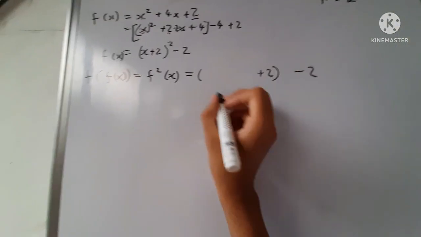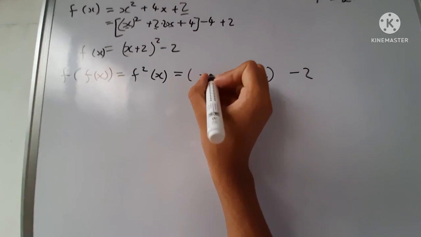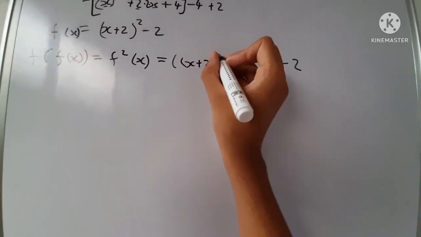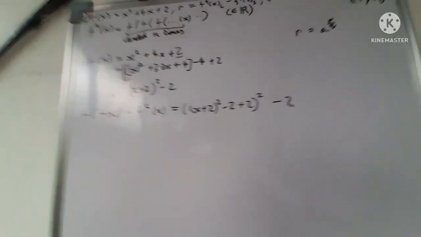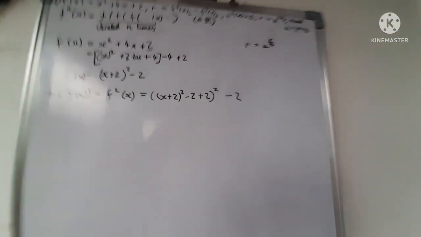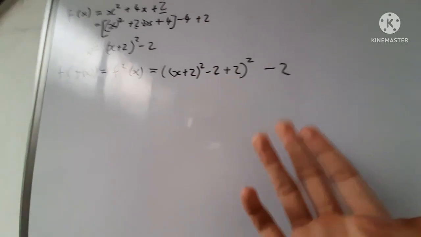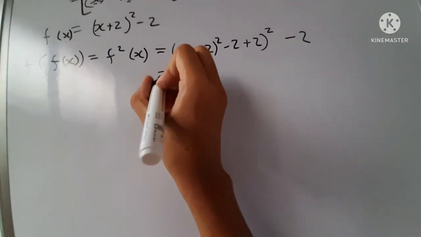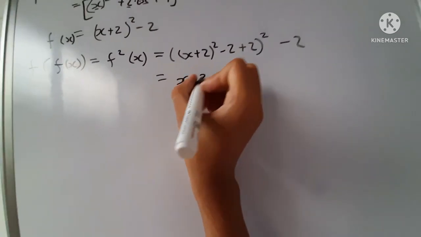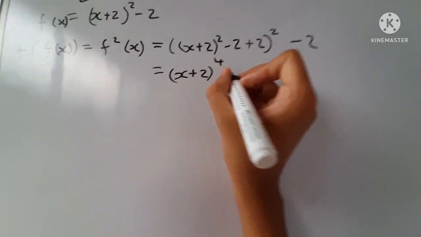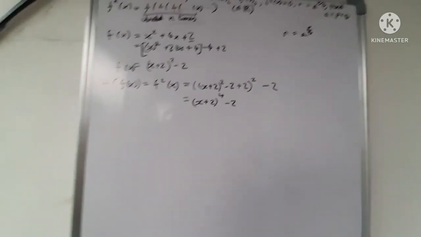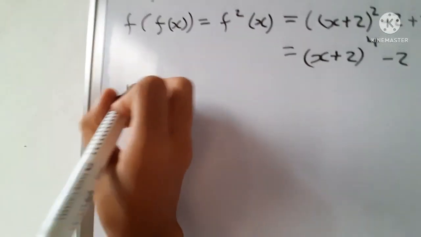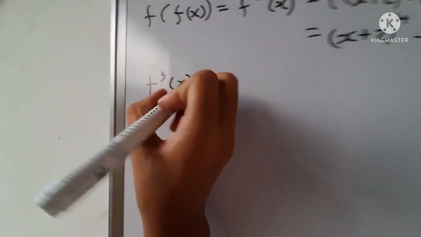Now that something is f of x, which is x plus 2, squared, minus 2. As you can see, that's pretty neat, these two cancel out to 0, so it's just x plus 2 to the 4th minus 2. Pretty cool. Now I think you see the pattern, right?